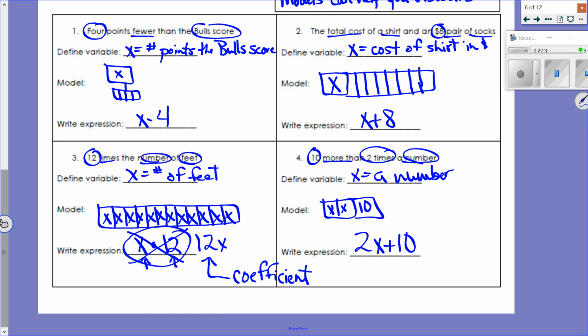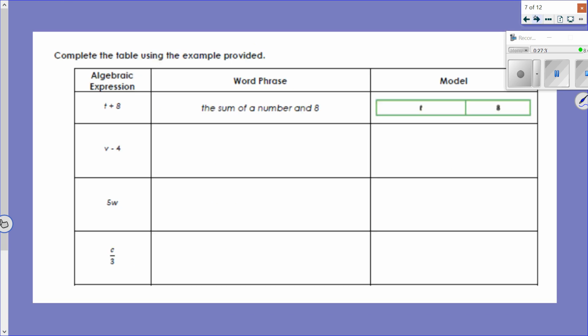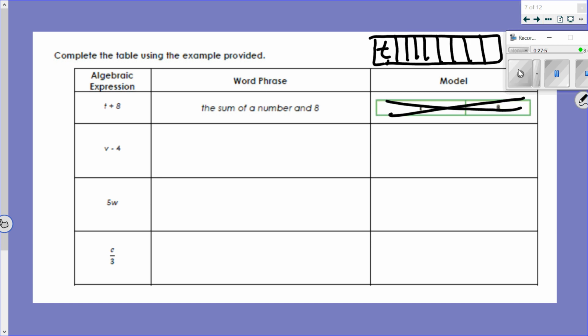Okay, go ahead and turn the page. So we've given you an example, gave you an algebraic expression, the word phrase, and a model. We want you to do the same for the next 3 to give you more practice in writing each of these. Quick hint, you may not pull out your old notes on this one. Our first one.